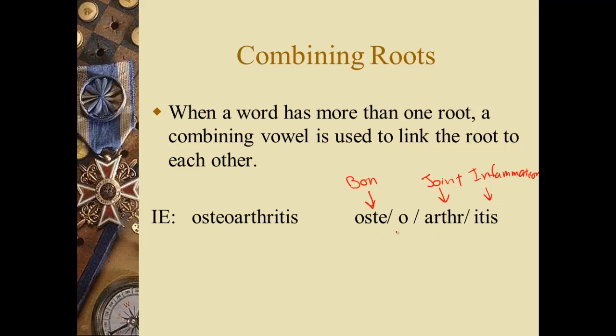It's hard for us to say osteoarthritis, so to make it flow better, we add this little O right here. You've got a word root here because that's bone, remember, it's a body part. Arthr here is a word root as well because it means joint. And then this right here is your little combining vowel. This happens to be a suffix. We haven't talked about those yet, but we're going to shortly.